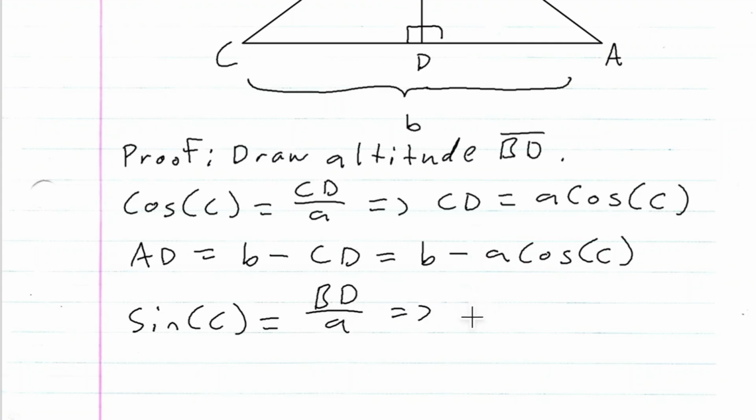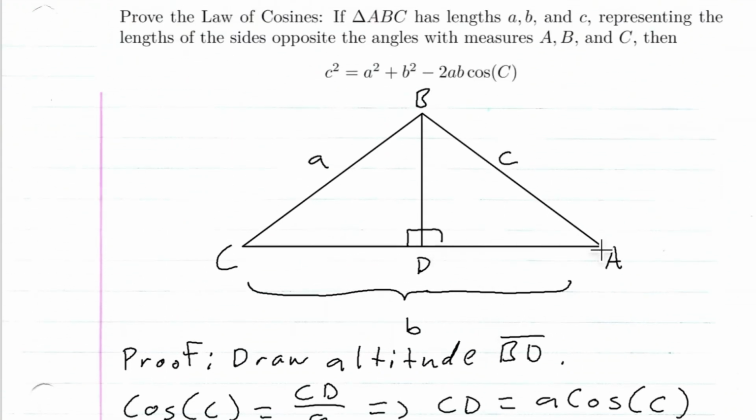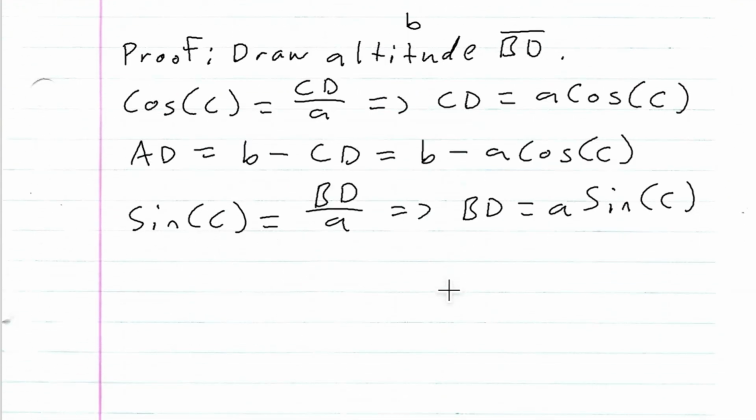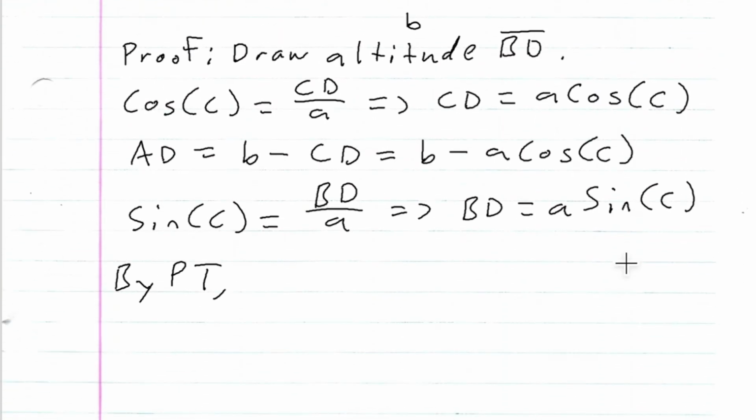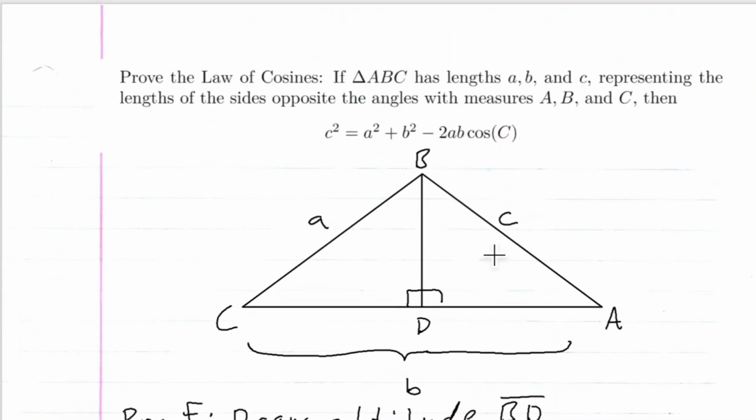And if I solve for BD, this will give me BD is equal to a sine of C. So now I have my AD and my BD. So by the Pythagorean theorem, I know that c squared is equal to AD squared plus BD squared.